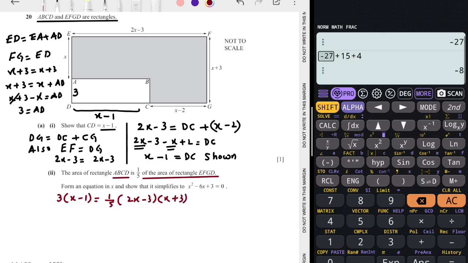Now we have to form an equation in terms of x and show that it simplifies to x square minus 6x plus 3 is equal to 0.